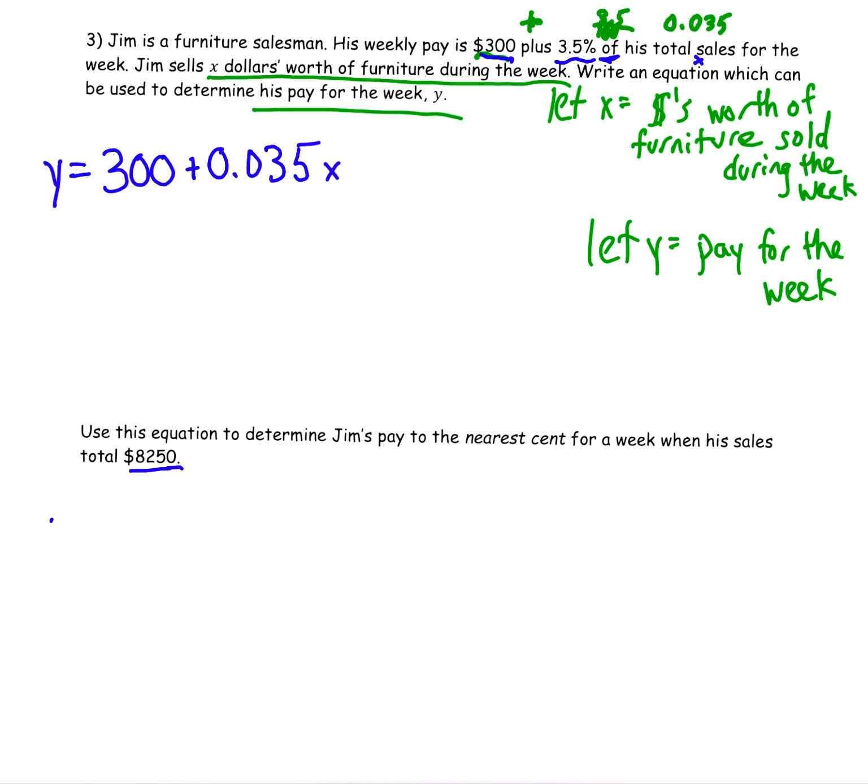So this would be y equals 300 plus 0.035, and our x in this case, the total sales, is 8,250. So just plug that in your calculator, and you should get y equal to $588.75.